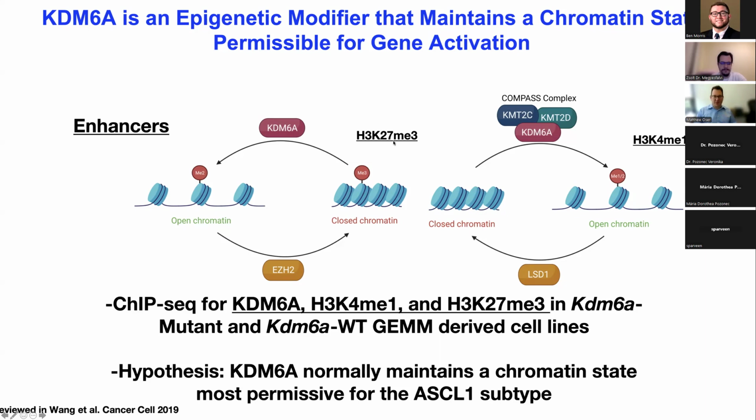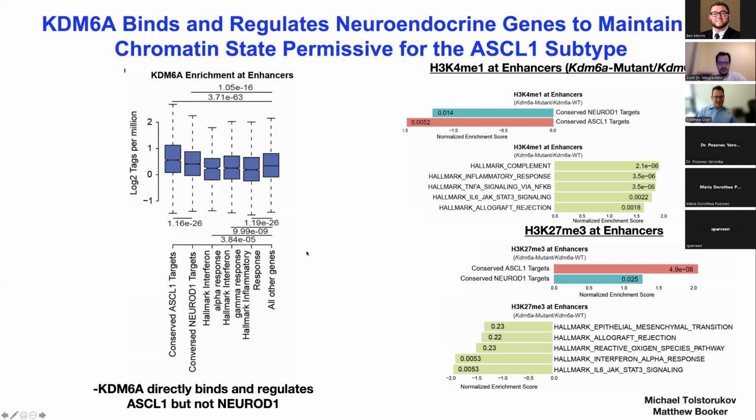It also has this dual function where KDM6A demethylates H3K27. So together, what this does to chromatin, it makes it in a more permissive state for gene activation. So KDM6A function is normally associated with gene activation. So the hypothesis is this would normally maintain the ASCL1 subtype in an ASCL1 positive tumor.